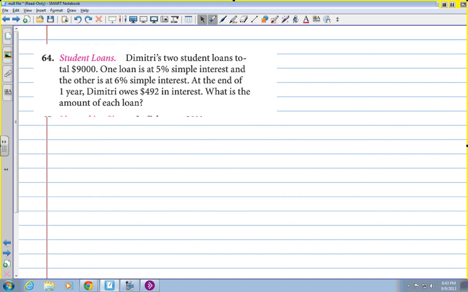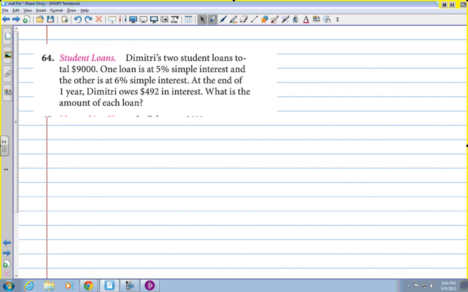we need a variable. What should the variable be? Do you need two variables? That gets really messy if I have two variables. But I can sneak around. What do you think the two variables should be? What should they represent? The loan, each loan, right? So let x be loan 1, let y be loan 2.